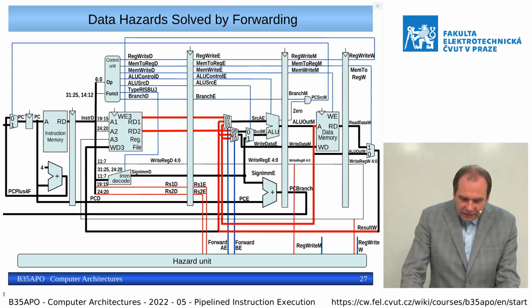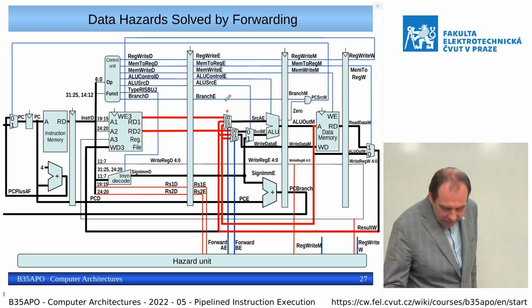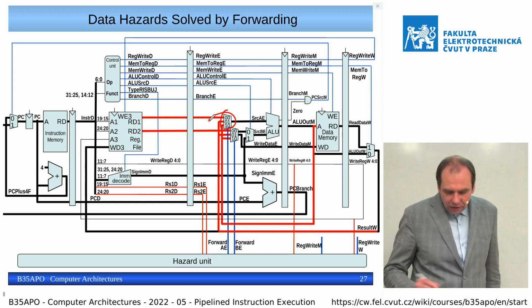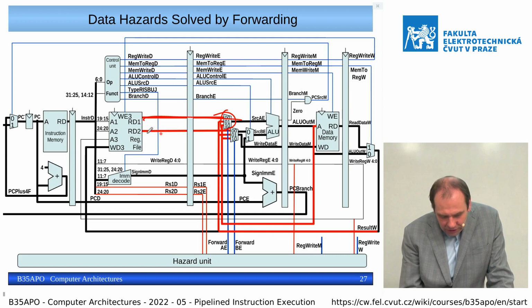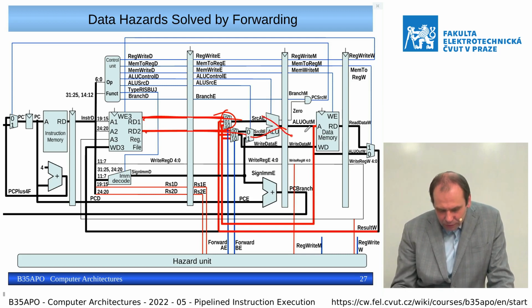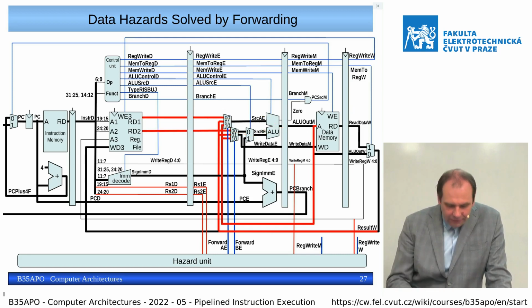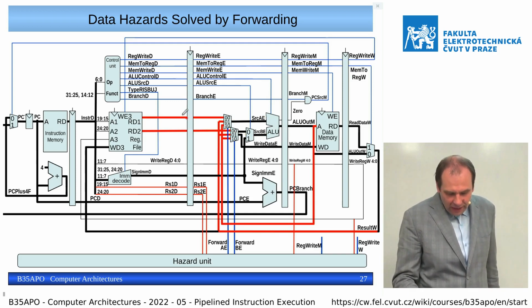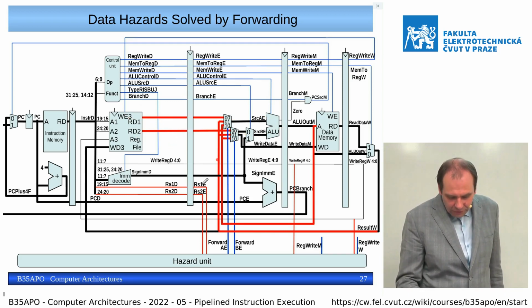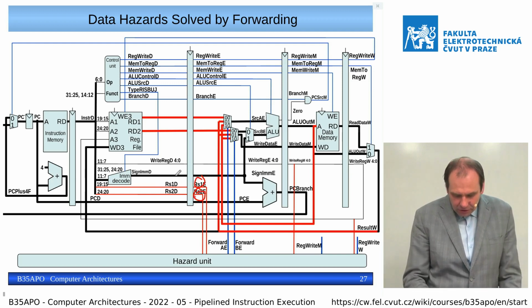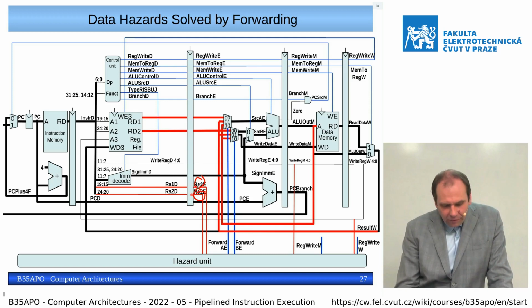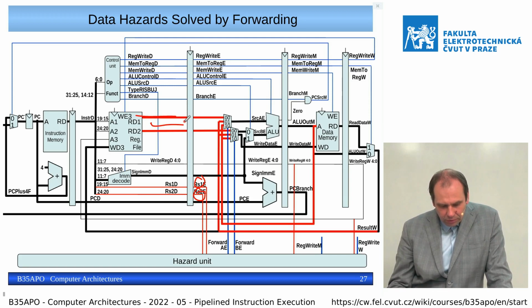And there is a change of our design. So we have added there two multiplexers. If there is no problem, then we read the value from the register file and then process it through the arithmetic logic unit. But if we find that the data which has been read from the register file, so we know from which register data has been read because we postpone the information from which registers data are provided on the first and second output.